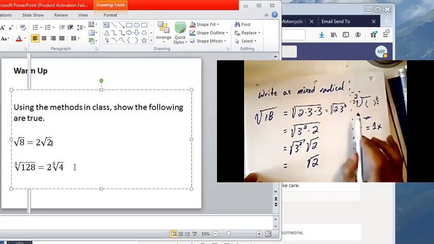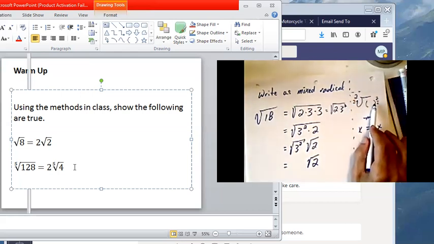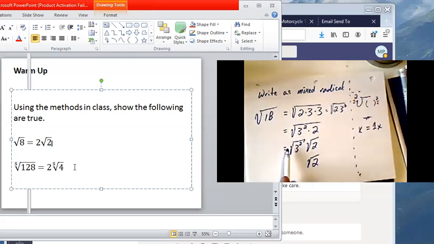They go together, so we don't put them. Left with the 3 only. So the square root of 18 is equal to 3 square root of 2.